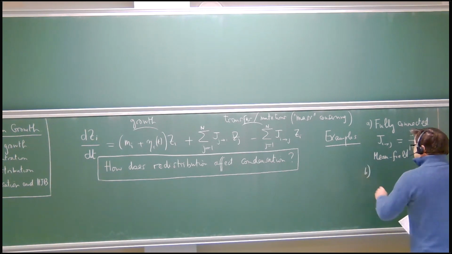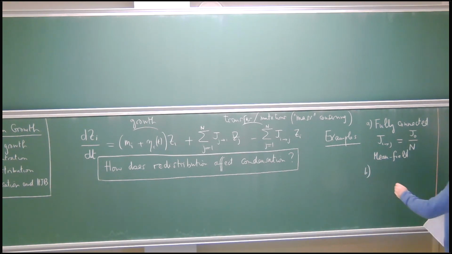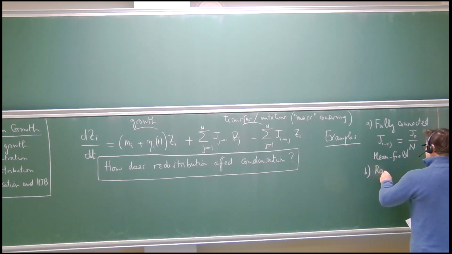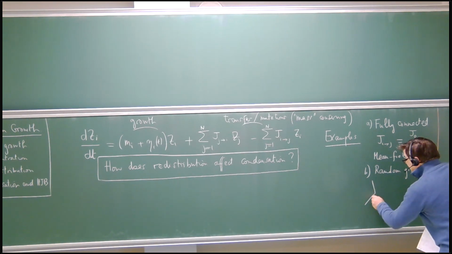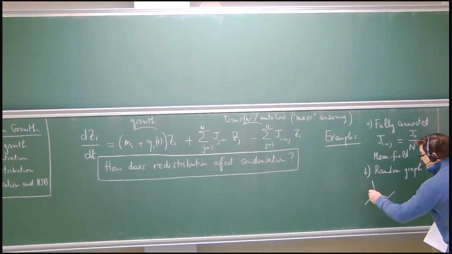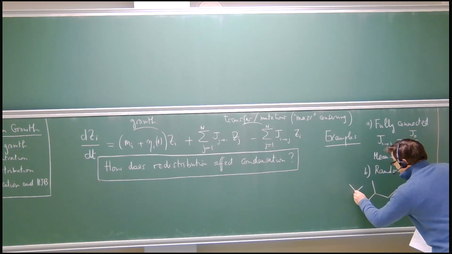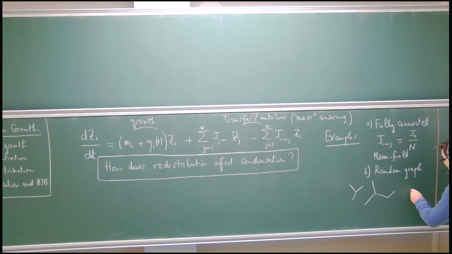Another possibility is to have a random graph with the same J for all links, but apart from that, something that's random. So let me draw something that looks random. Of course, it'll be more complicated than this.